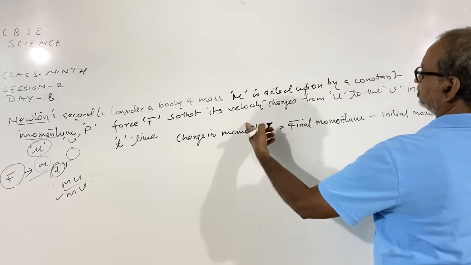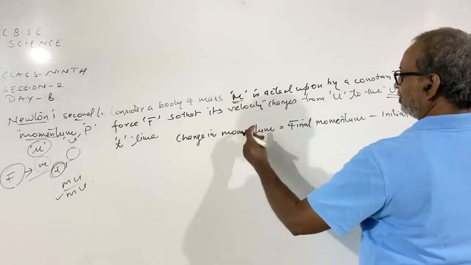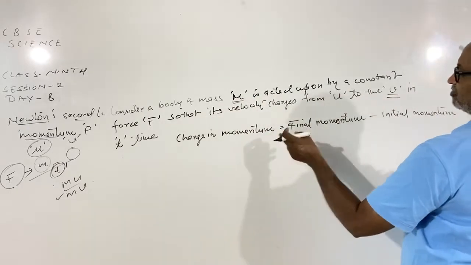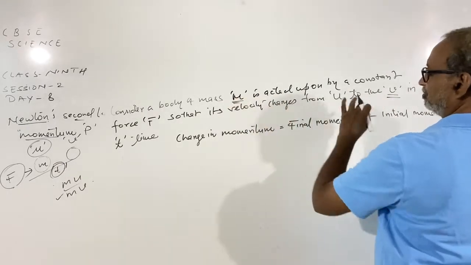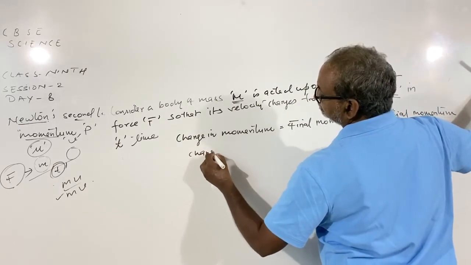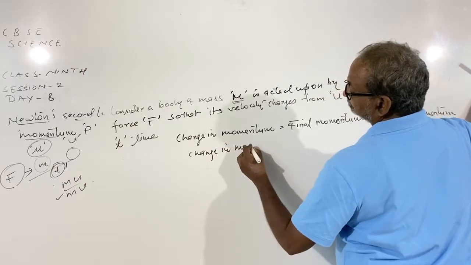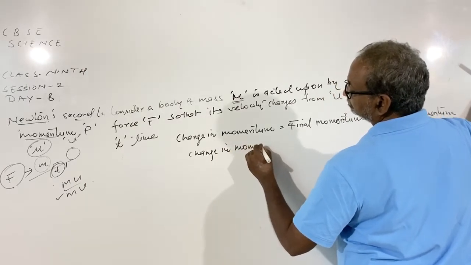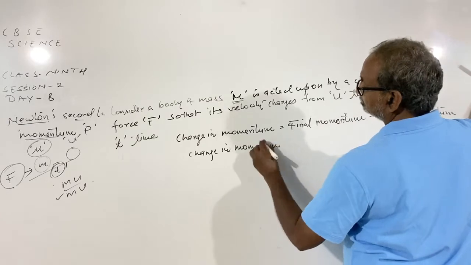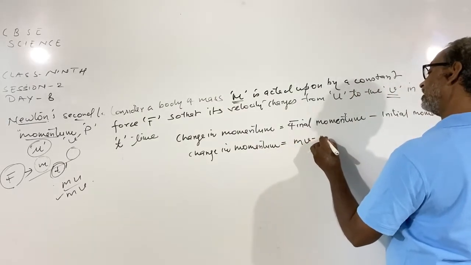Final momentum: final velocity is v, mass is m, so mv. Initial momentum is mu. So the change in momentum is equal to mv minus mu.